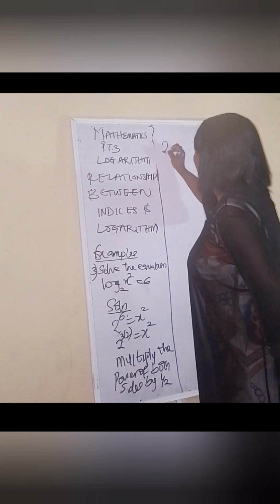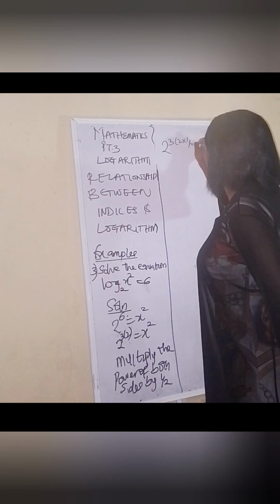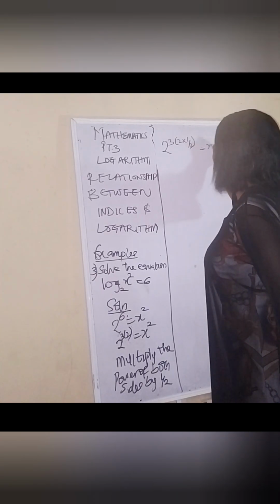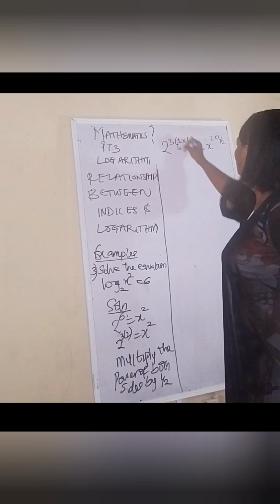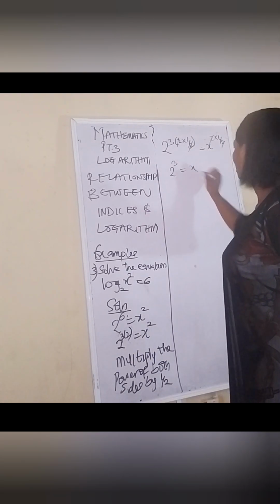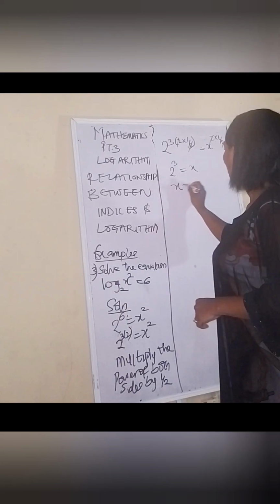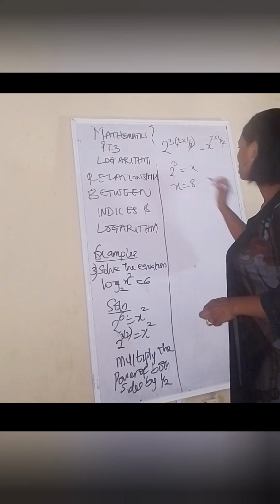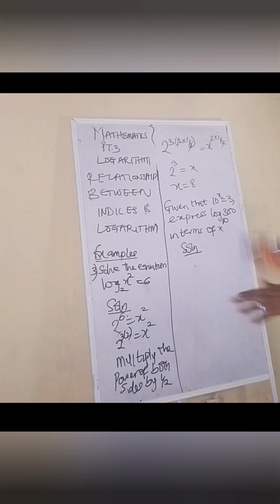I have 2 raised to the power 3 times 2 times 1 over 2 equals x times 1 over 2. So now this cancels, this cancels. So now we have 2 raised to the power 3 equals x. So now x is standing alone. Have you seen that now? So we have x, 2 raised to the power 3 is what? It's simple as ABC.